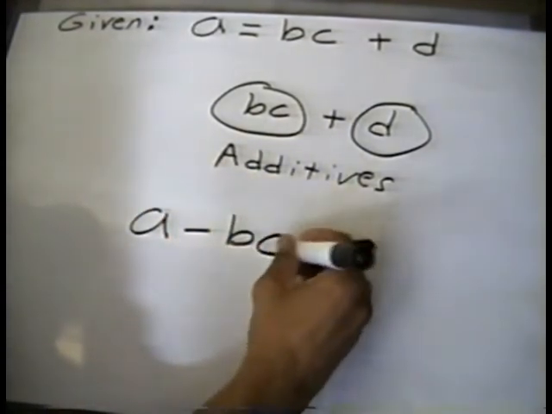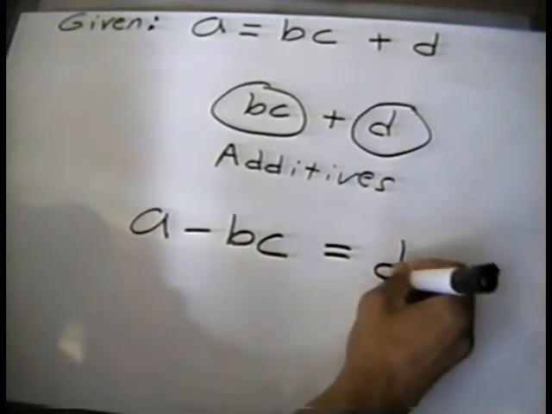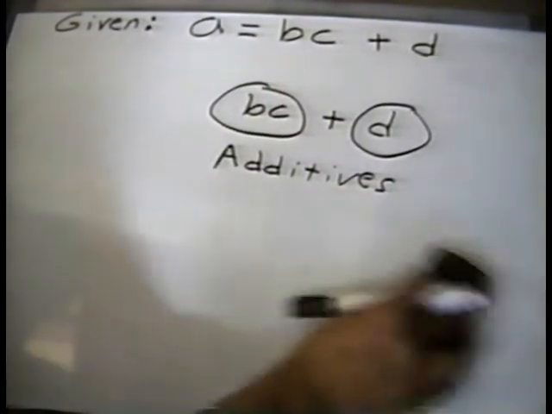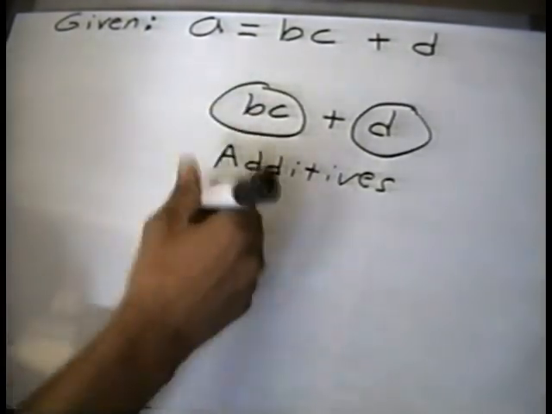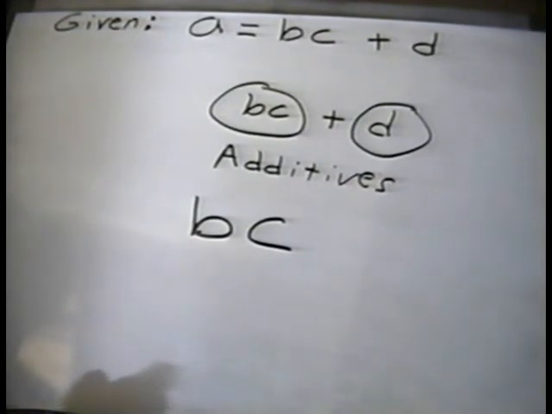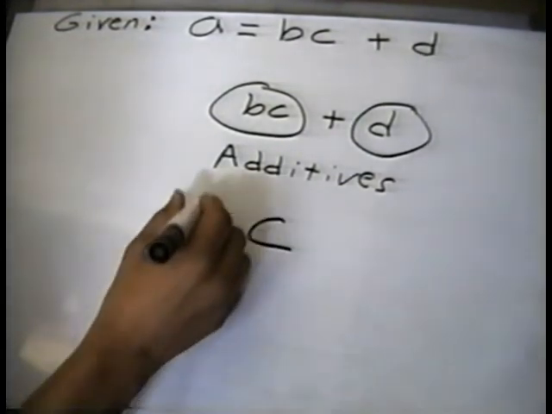So in order to move BC to the other side of the equation, I have to do that through addition, like so. Okay. Like that. Those are additives.